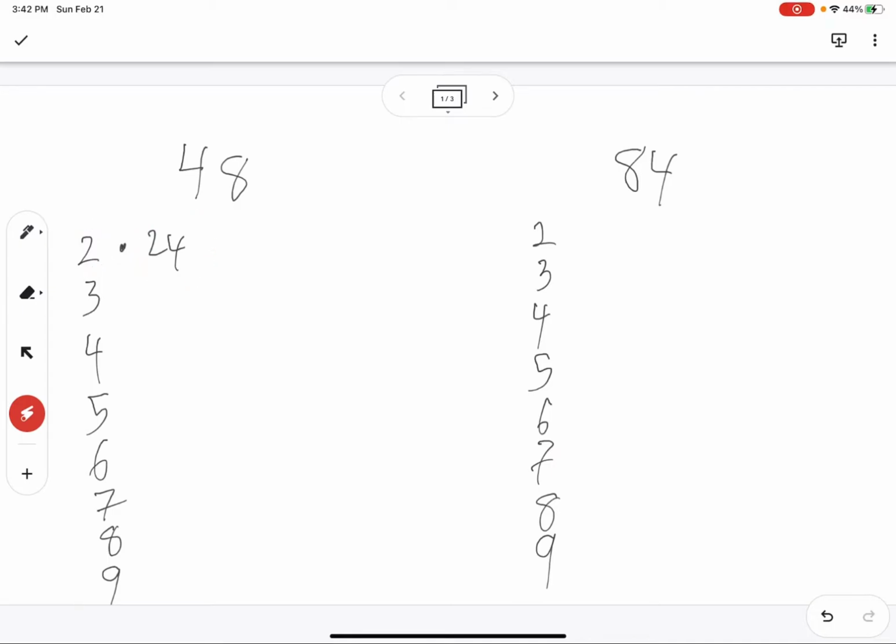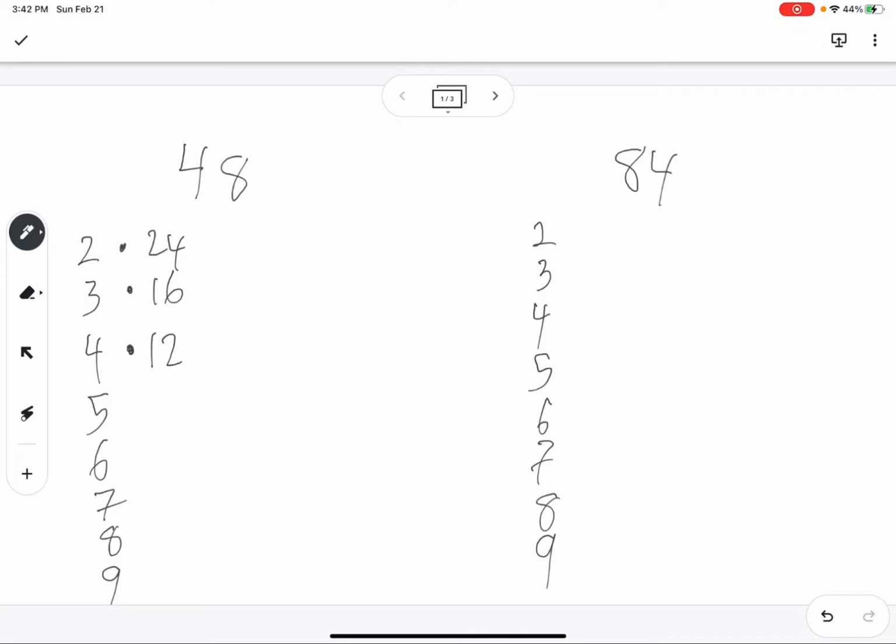Now I'm going to take 48, divide that by 3, and I get a whole number, 16. It's not a decimal, so I'm going to write 16 down. Next, 48 divided by 4 equals 12, which is a whole number, so I'm going to write that down.